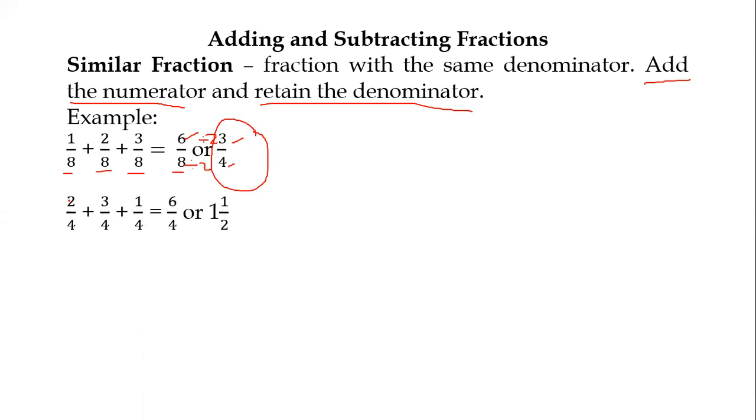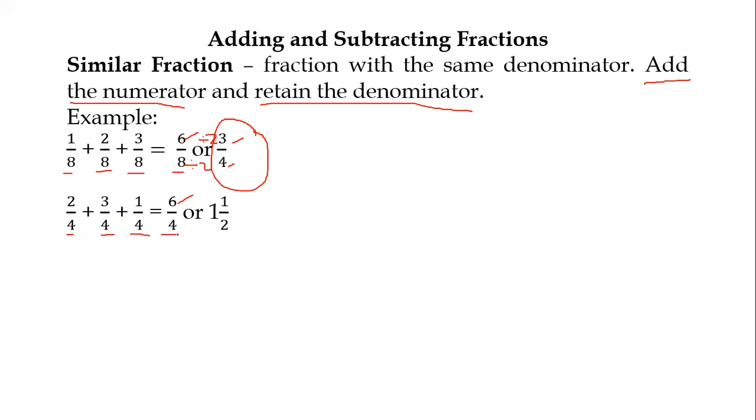Okay, another example, 2 over 4 plus 3 over 4 plus 1 over 4. What are we going to do again? Just add the numerators. Since they have similar denominators, what we are going to do is just add the numerators and copy the denominator. So 2 plus 3, that's 5, plus 1, and that is 6.